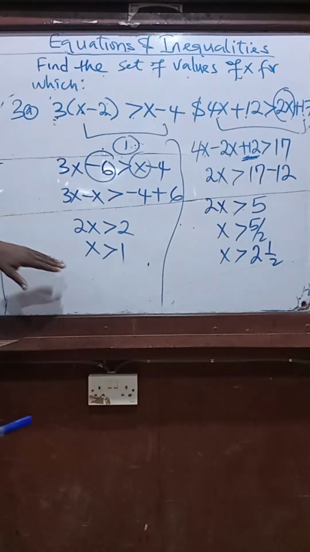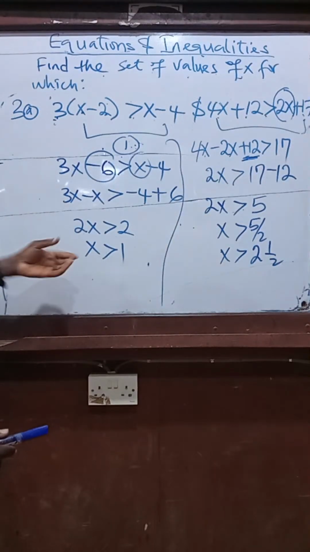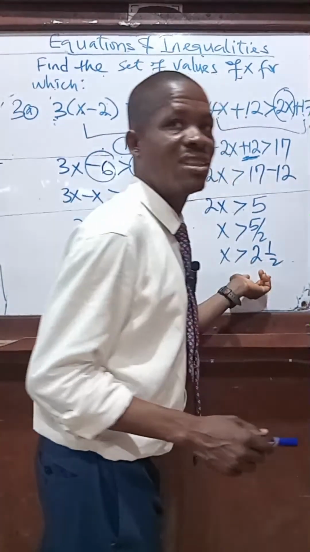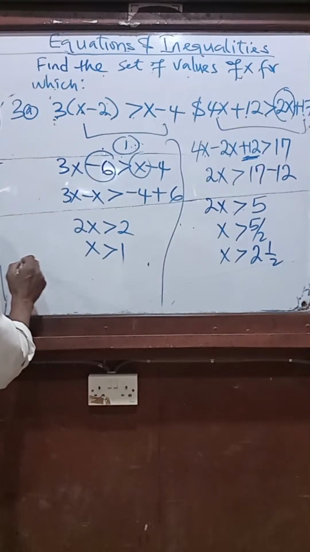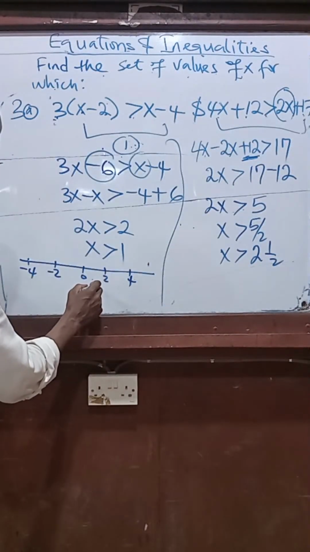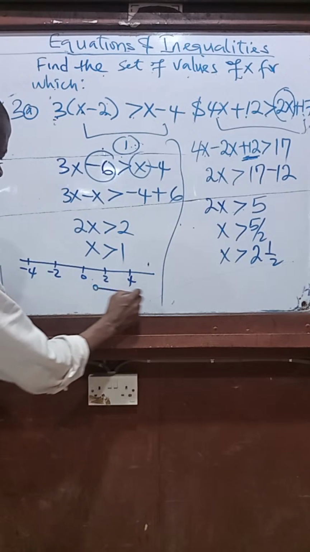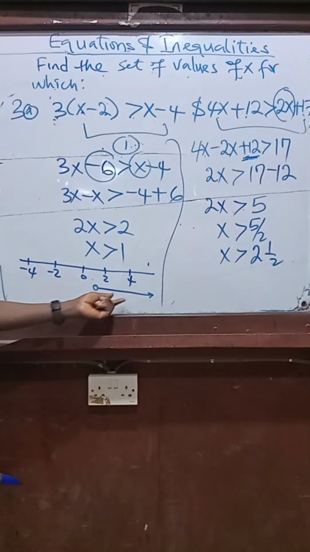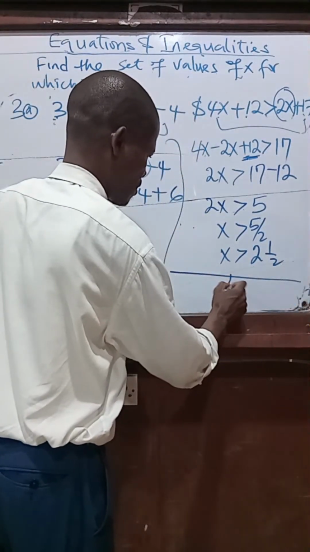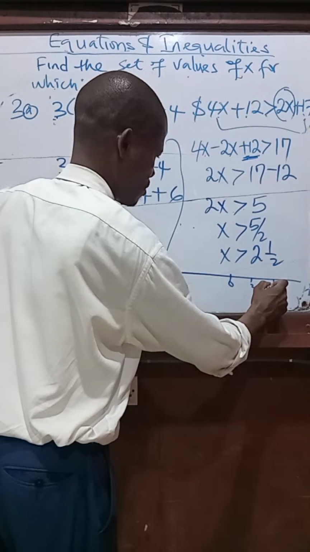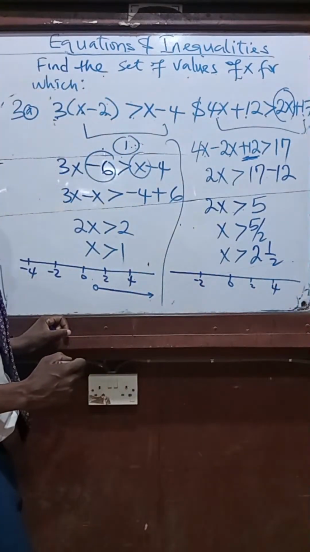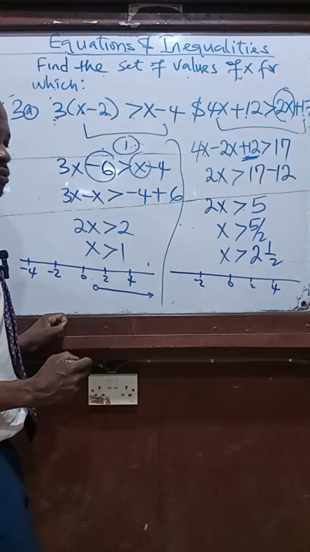And you can see the solution. This one is x is greater than 1. This one is x is greater than what? If you draw the number line for this one, this is 1. x is greater than 1. For this one, x is greater than 2.5.